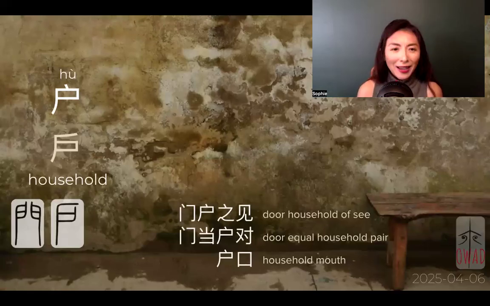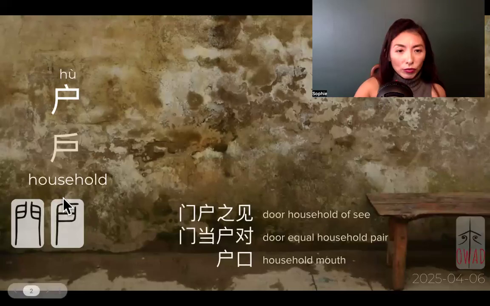Like most of us today, even. Very few households actually use double panel doors. Most of us have single panel doors. So hu, in traditional Chinese as well as in today's language or concept, is more likely to be associated with a household, a unit of family living under the same roof.